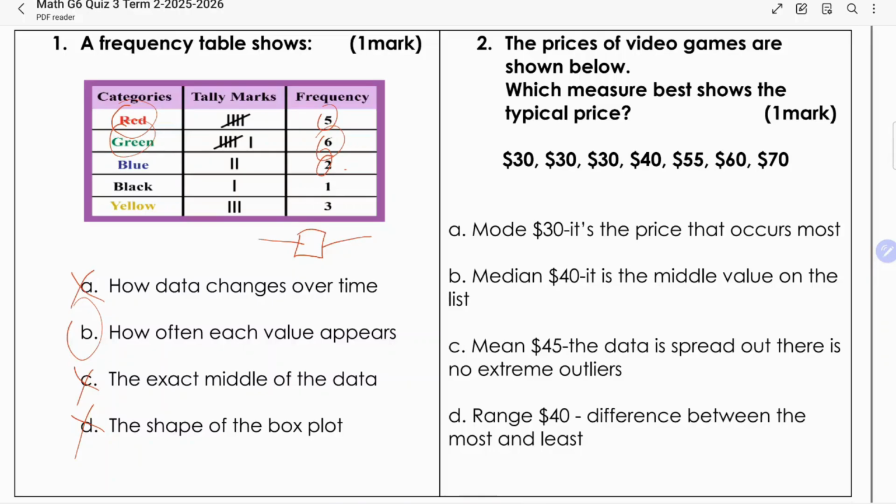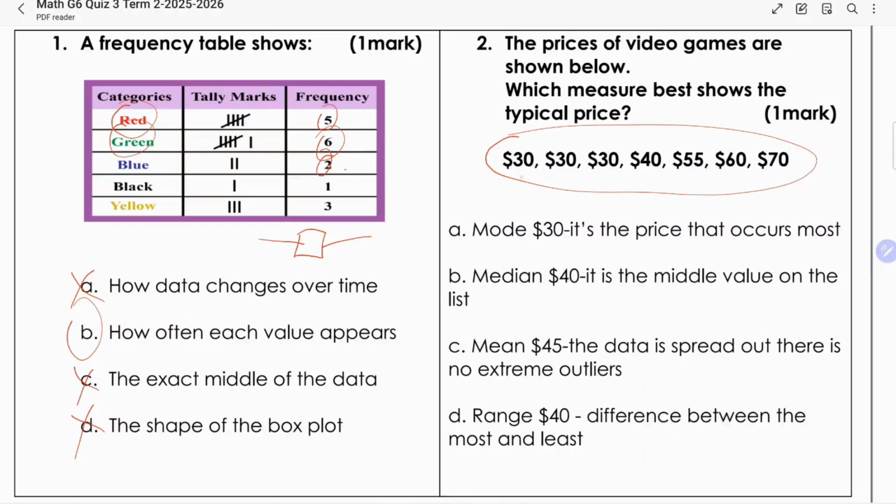So choosing mode, the mode is 30, is not a silly answer. But in statistics, typical usually means a good representation for the whole data set. So what number are we going to choose to represent all of the numbers I have here?